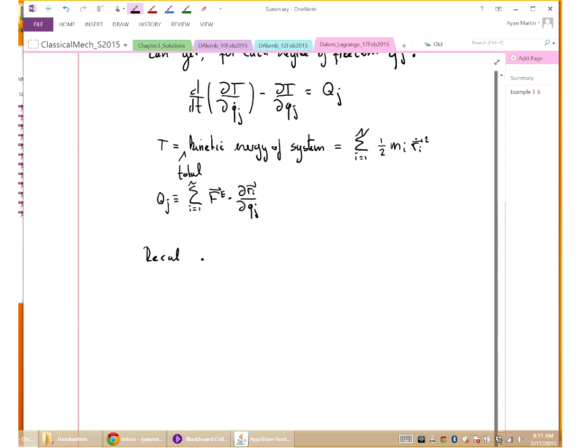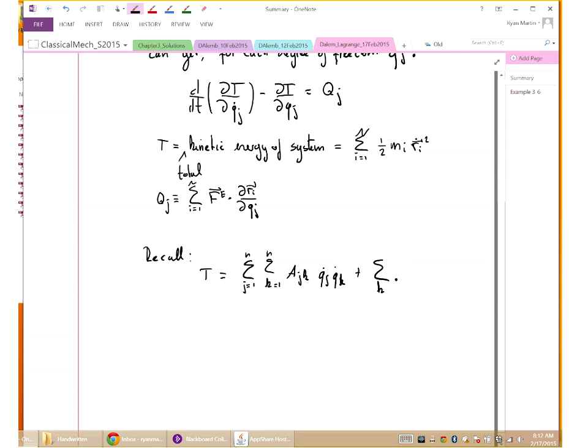So let me just say, recall in the summary here that we can always write the kinetic energy T in general to have mathematically a form that's something like the sum over j equals 1 to n, the number of degrees of freedom. So it'll be a double sum over j and k, and you can write in general the kinetic energy as some term times the product of the velocities.